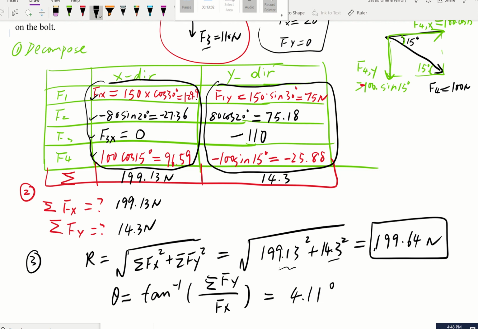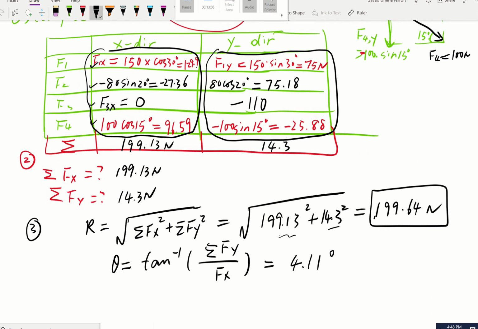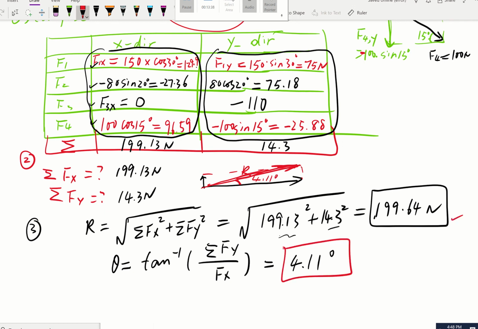Again, makes sense, right? Because if I were to exaggerate, my sum of x would be very long and my sum of Fy would be very small. When you find the resultant of that, you basically draw a rectangle. That's going to be your resultant right there. So this angle is very small, 4.11 degrees. Okay, that gives us the direction of this resultant. And this is the magnitude.